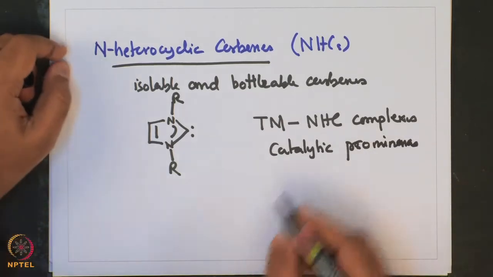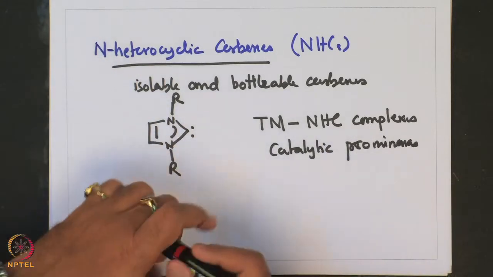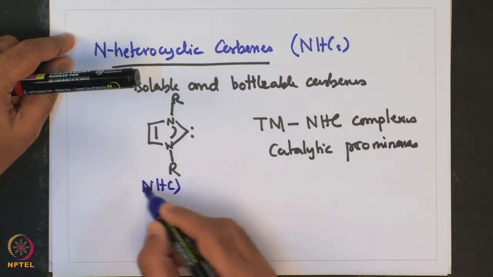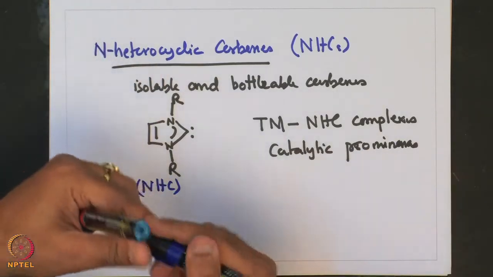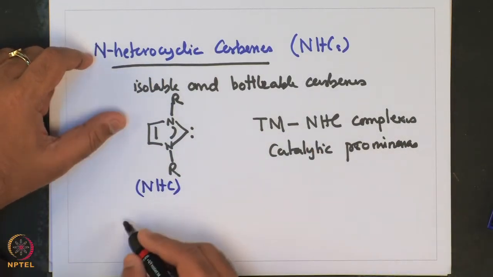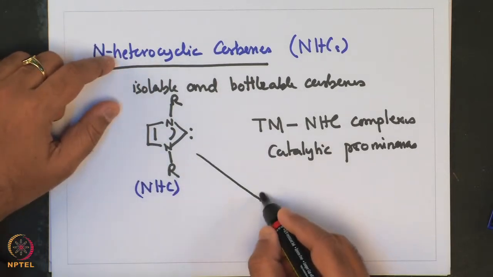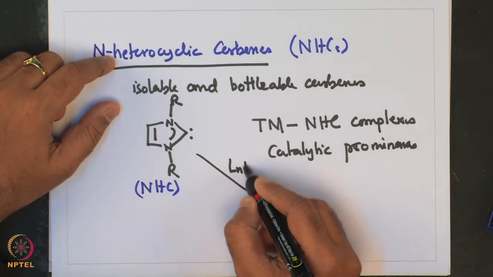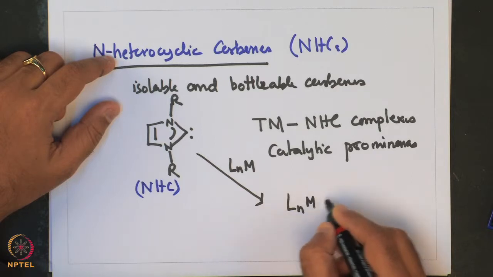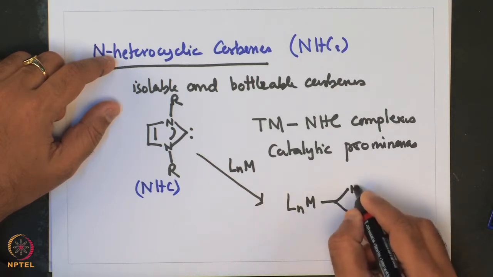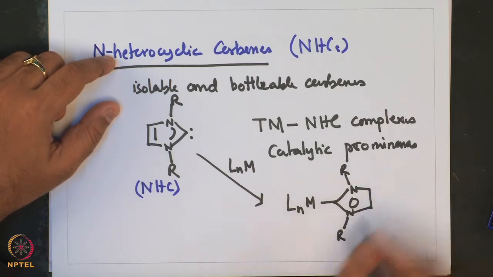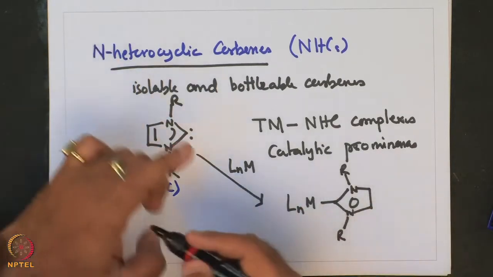In the last lecture, we discussed how these transition metal NHC complexes are formed. One approach is the reaction of a free carbene with a transition metal, for example, treatment of this free carbene with M would give this type of transition metal carbene complex.